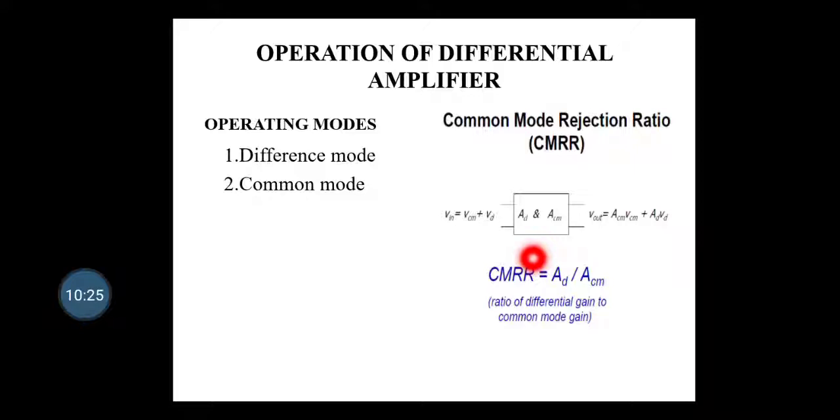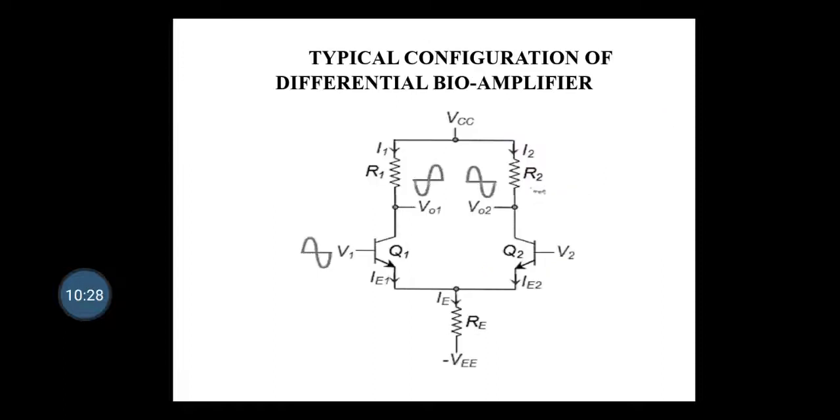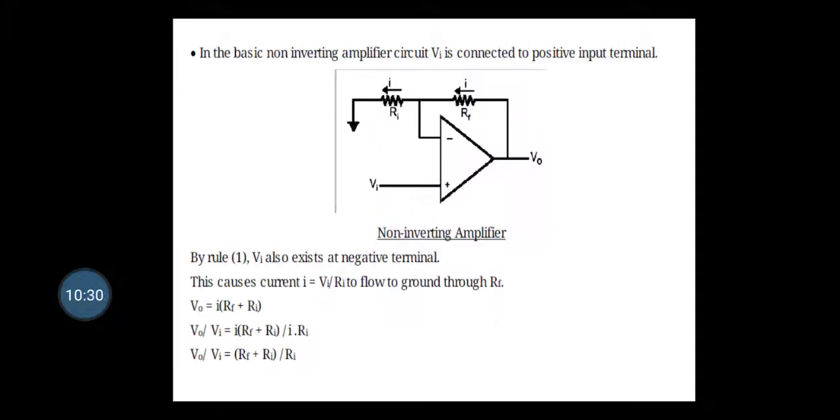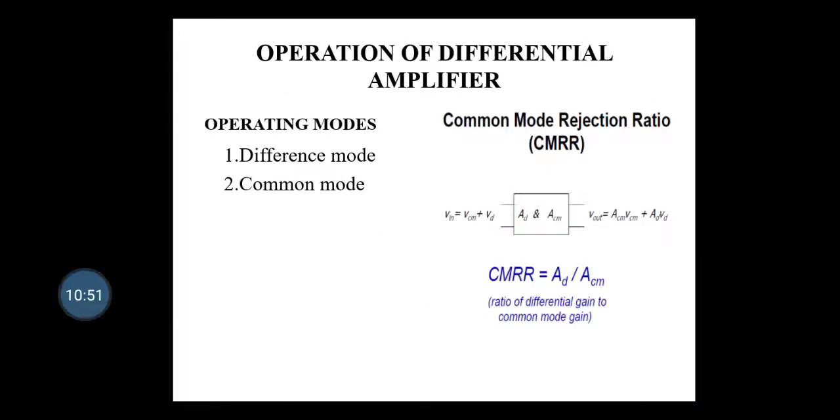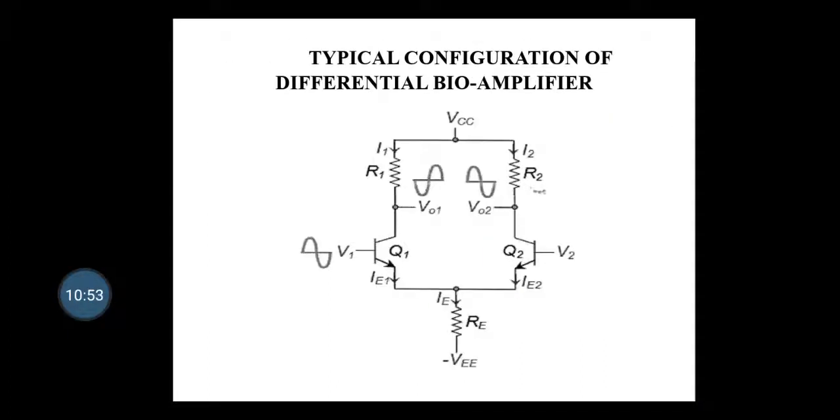Once it exceeds 2, there may be some problems where the differential bioamplifier is fitted to our body. So the CMRR will be calculated. Once it exceeds the particular range, there may be some disorder in the place where the measurement is taken. This is the basic information about the differential bioamplifier.